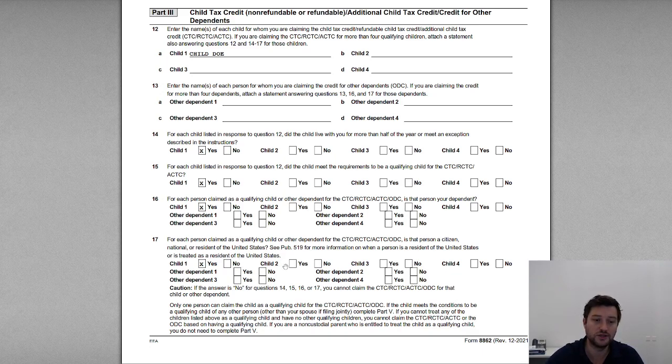Now, question 17, for each person claimed as a qualifying child or other dependent, is that person a citizen, national, or resident of the U.S.? Again, this is one of the elements to be a dependent, right? And so, again, I would reference the video I've done before on what you need to do to qualify for the child tax credit. But again, in this case, yes.